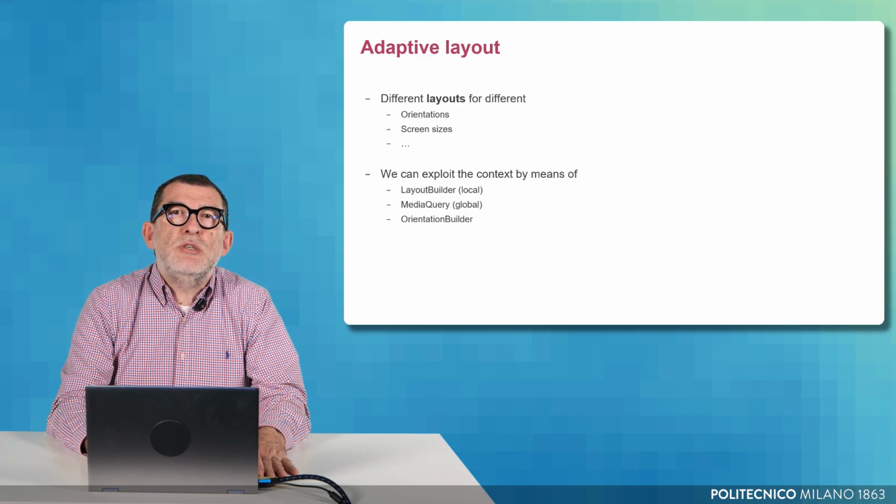Layout Builder is useful when we want to react to local changes, meaning that we want the specific context of a widget and work with those constraints. Media Query, on the other hand, is the solution we should adopt when we want global information, since it allows us to consider the characteristics of the entire screen and its overall size.